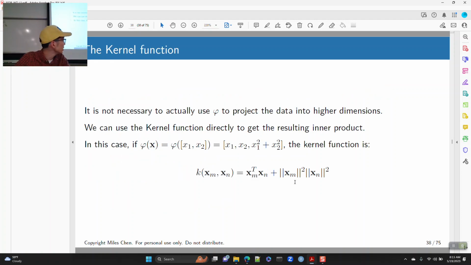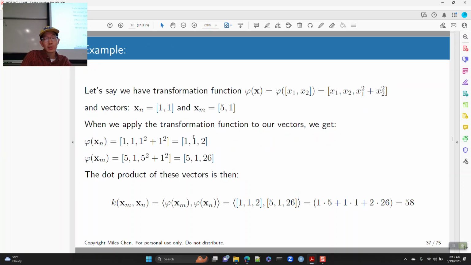So if this kernel function k of xm, xn is xm transpose xn plus norm xm squared plus norm xn squared, this kernel function is equivalent to doing the 2D to 3D transformation and then taking the inner product. So here we did the 2D to 3D transformation, took the inner product and got 58.